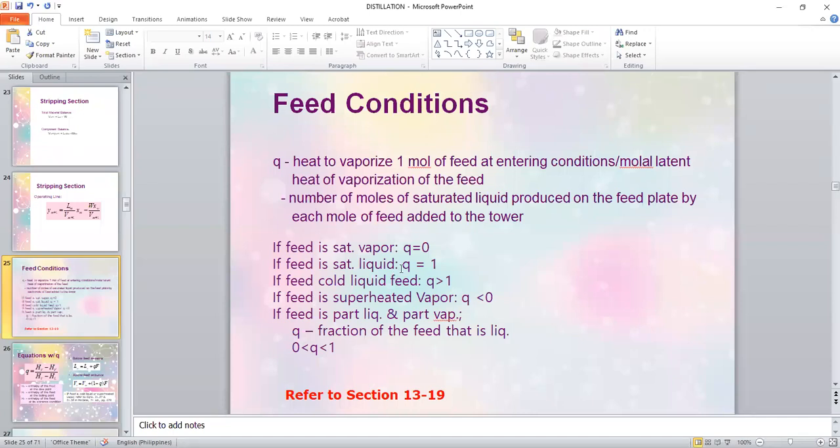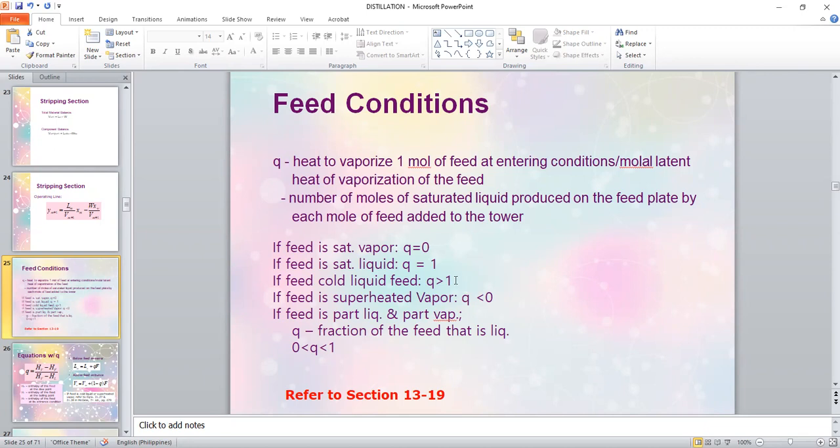If the feed is saturated liquid, automatically Q is equal to 1. If the feed is cold liquid feed, this is the time that you need to specifically determine the value of the Q, because Q is any value greater than 1. So if the feed is cold feed, make sure that the Q value that you have computed will be greater than 1.